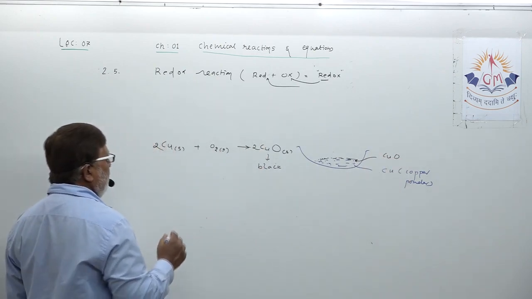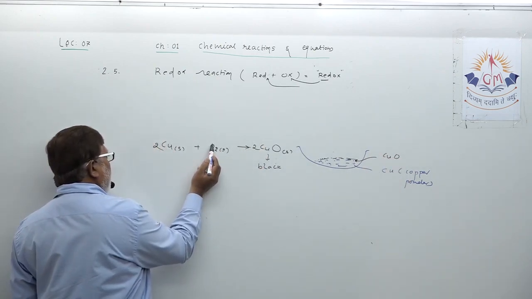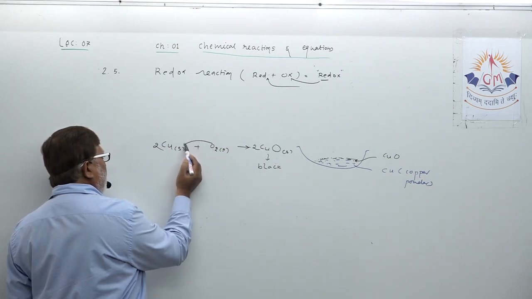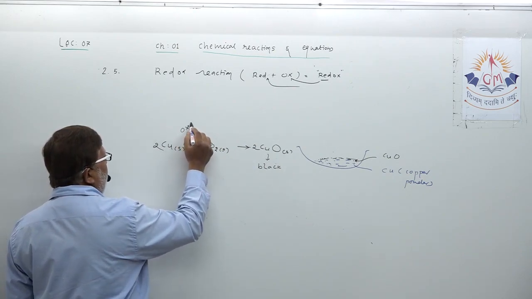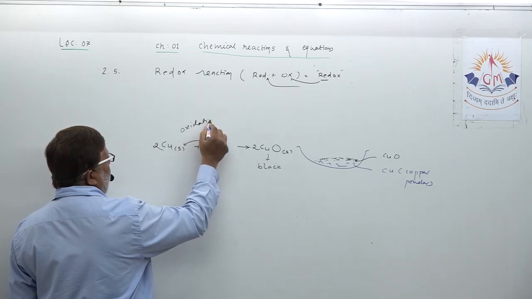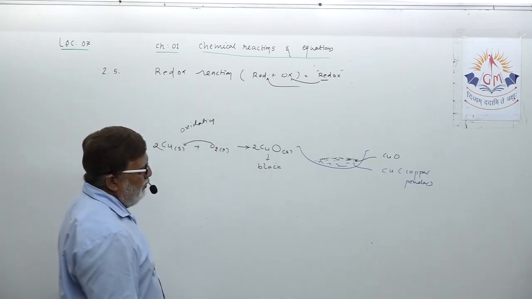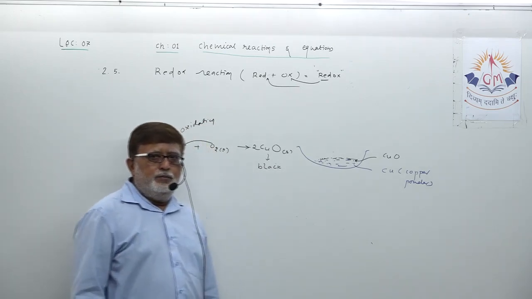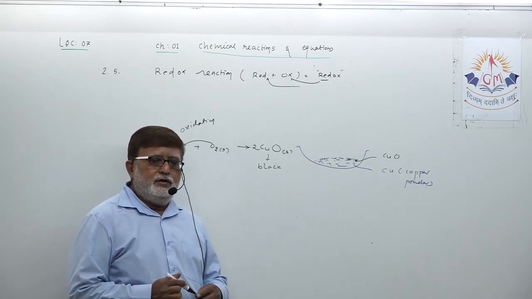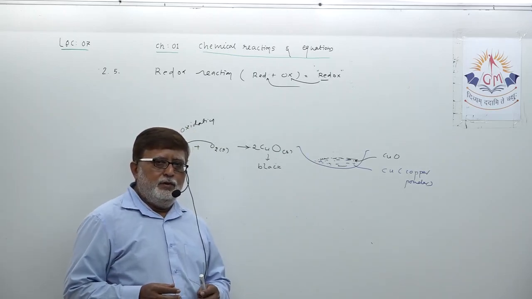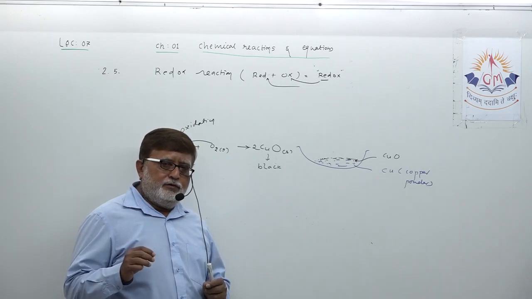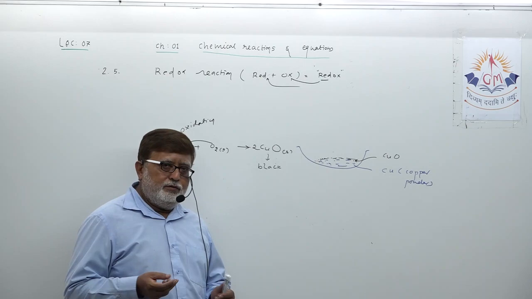So actually here what happened, dear student? Oxygen is added to copper, so you can call it an oxidation reaction. You all know the definition; in previous standards also you have studied the basic definition of oxidation. When oxygen is added to any substance, that is called oxidation.